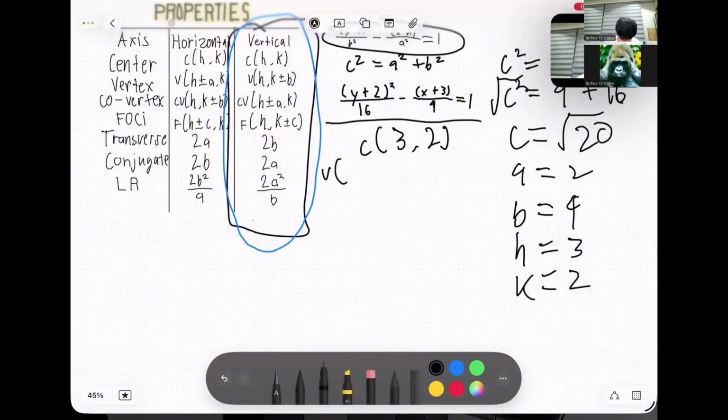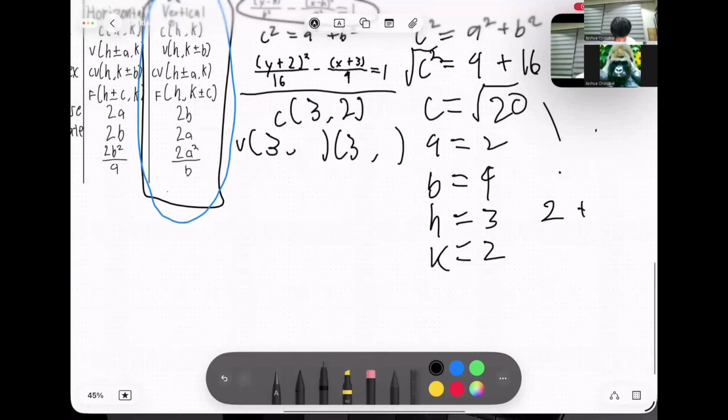So it's 3 comma 2 plus 4, which is 6, and 2 minus 4, which is negative 2.